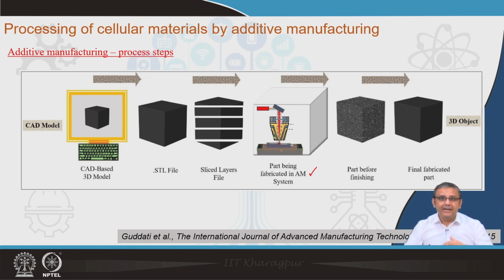Many times, especially for ceramic materials, it requires sintering, as we know that without sintering the green body does not have sufficient strength. So after the part is finished, we obtain the final fabricated part, the 3D object. The big advantage in this case is that the 3D object has a very well defined geometry, and it mimics the initial CAD model which was created for the actual component.